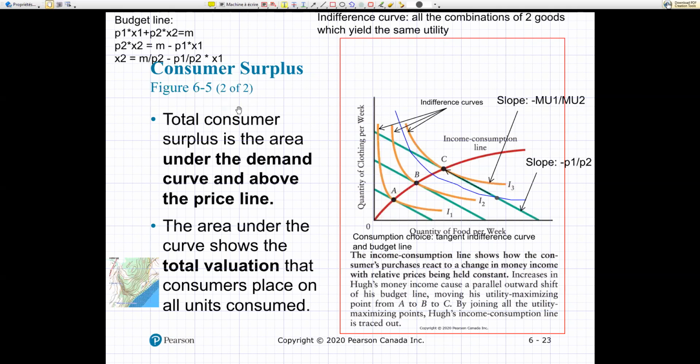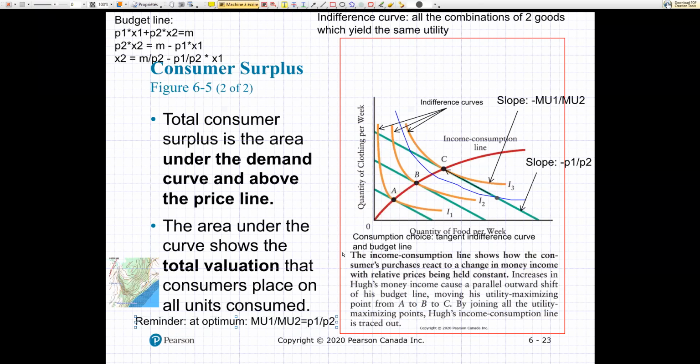So let me just give a reminder: at optimum, marginal utility 1 divided by marginal utility 2 equals P1 divided by P2.